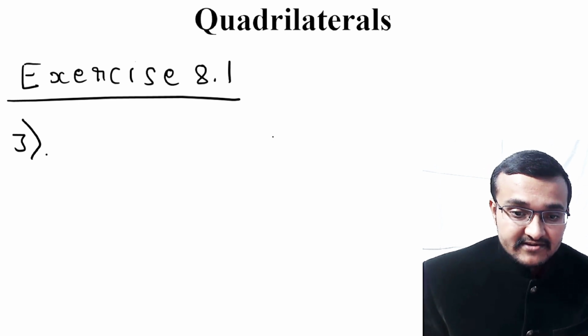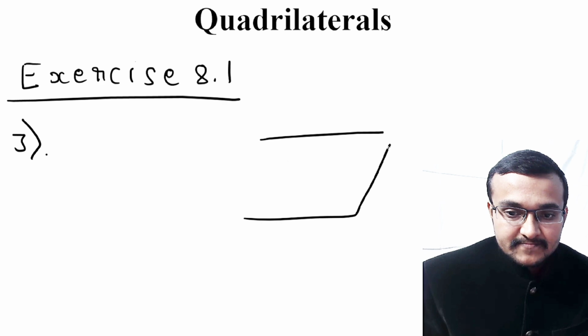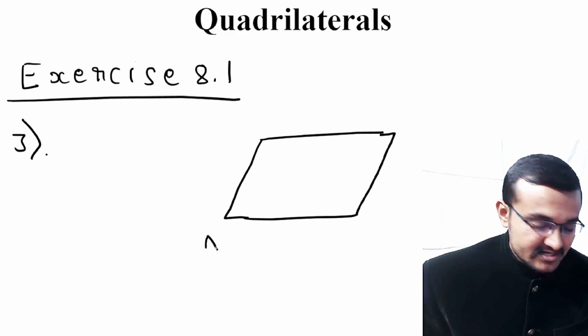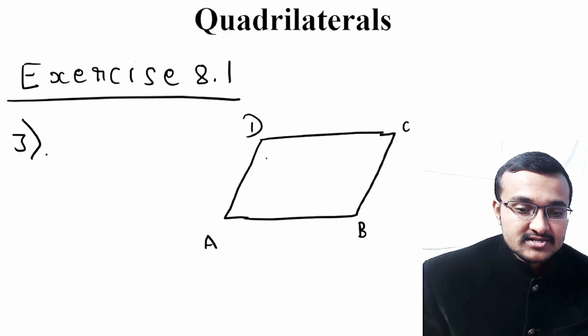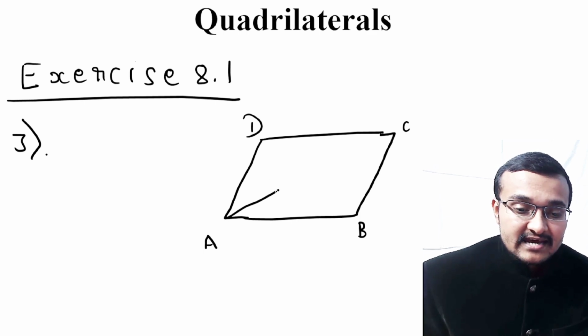So in the third question, they have given a diagram. Let me draw that particular diagram over here. We have a parallelogram, with points named A, B, C, D. The parallelogram ABCD is given, in which they have drawn a diagonal AC like this.